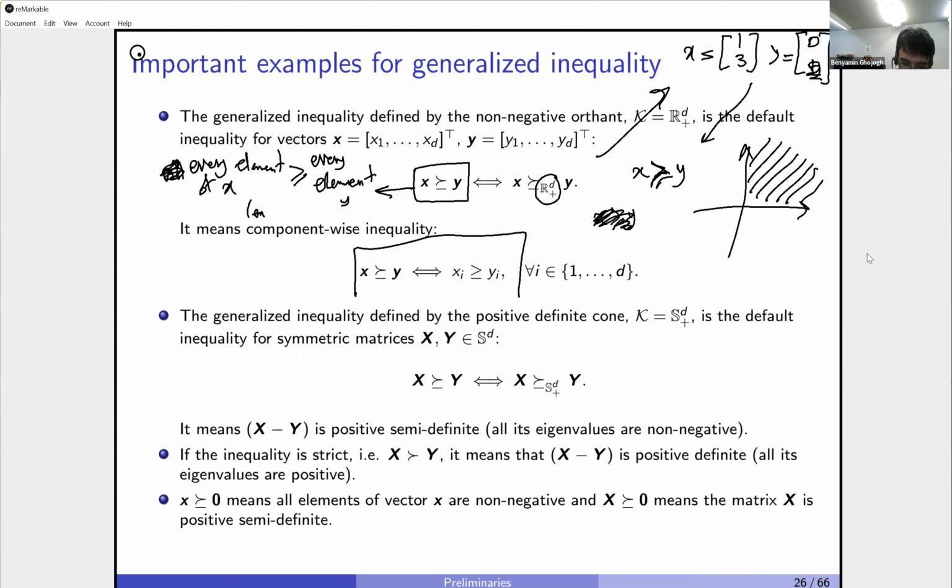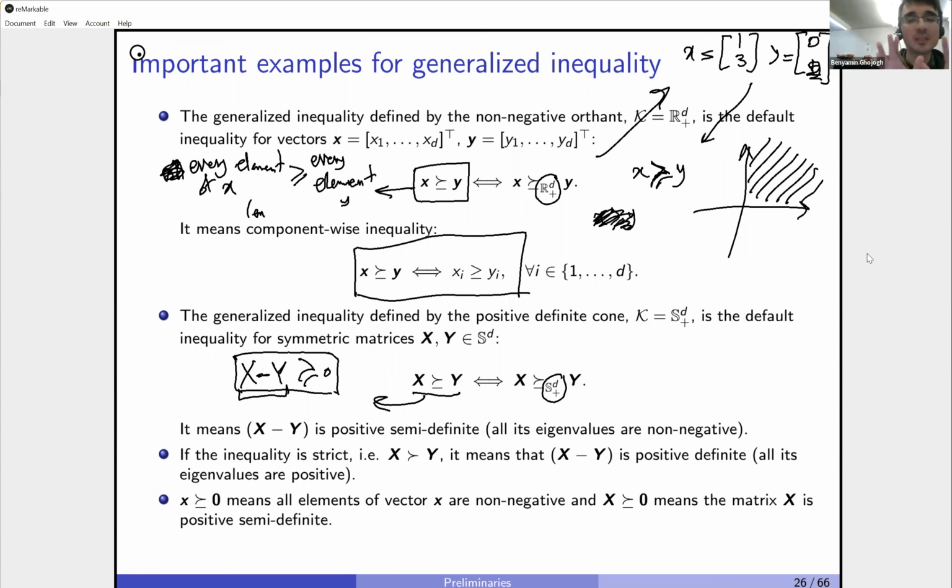Again, element-wise, right? When we have matrices, the default is the positive semi-definite cone. And simply it means that when we have this, X minus Y is greater than or equal to 0. This means that the matrix X minus Y, which is also a matrix, is positive semi-definite.